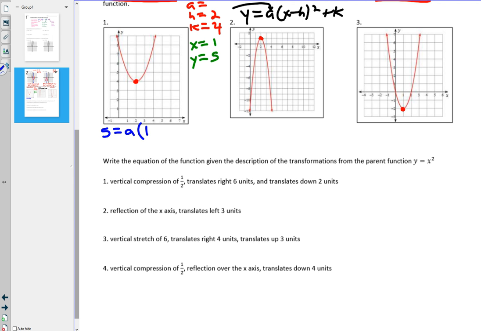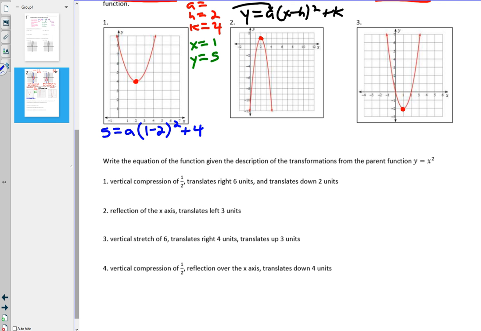That's the one that Martha picked. Have I lost anybody so far? Minus h. So what am I going to put instead of h? 2. Minus 2. Don't forget the square. Even some of my better students sometimes forget to write the square. It's a silly mistake, but we don't want to do that. And then plus the k, which would be plus 4.